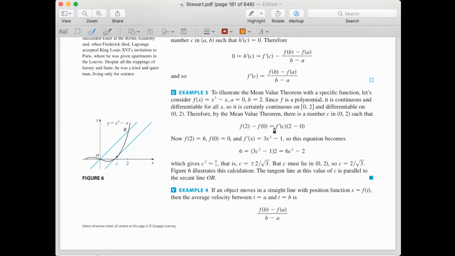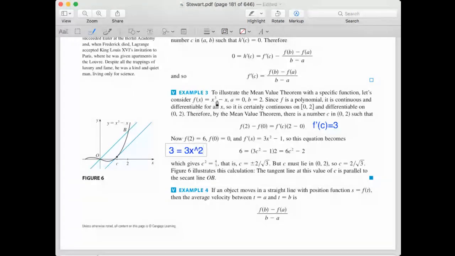Well, let's see. f prime of c equals 3. Here we can write this equation: 3 equals 3x squared minus 1, because we take the derivative of the function, right?